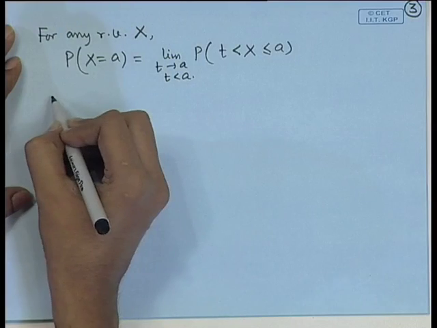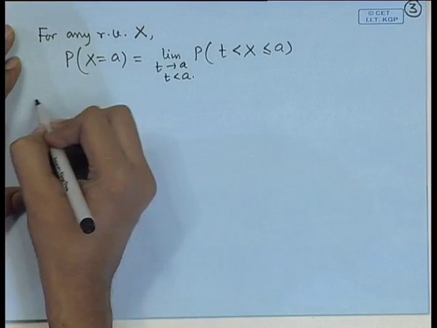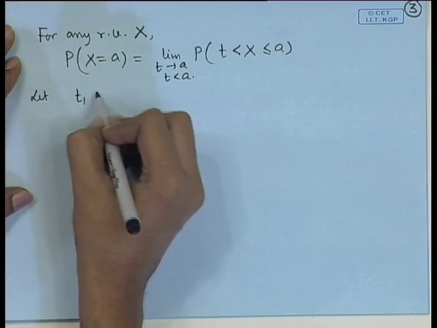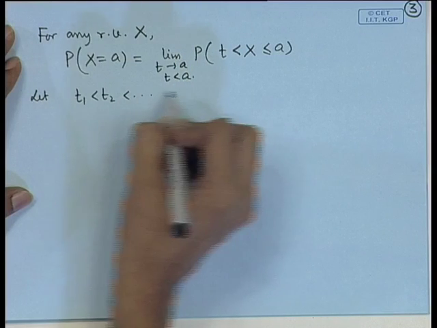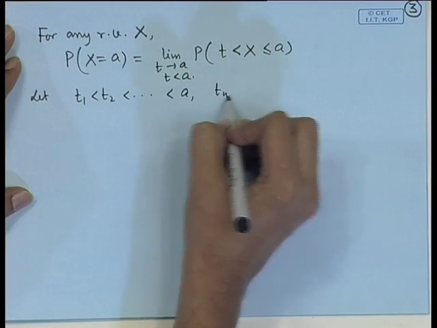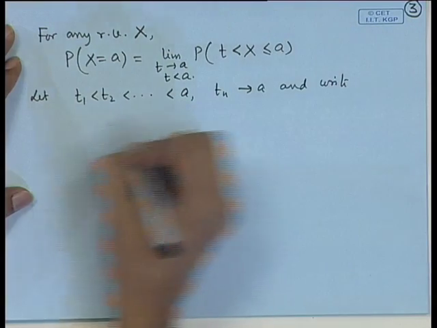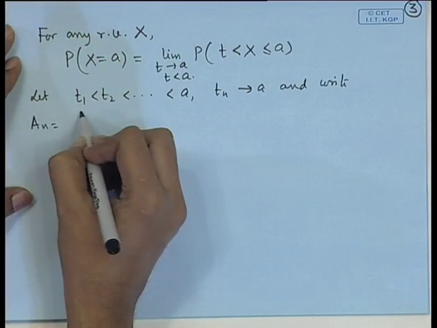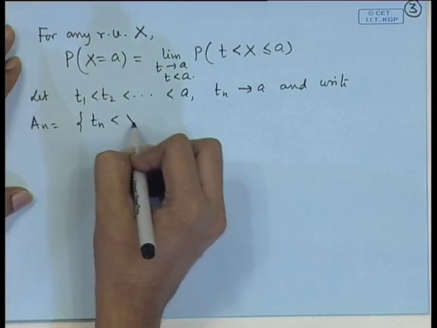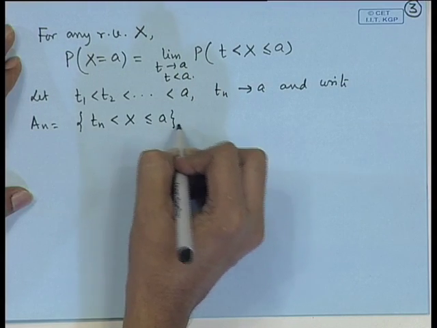Let us prove this statement. Let us consider t_1 less than t_2 and so on, t_n goes to a, and write A_n to be the set that t_n is less than X less than or equal to a.